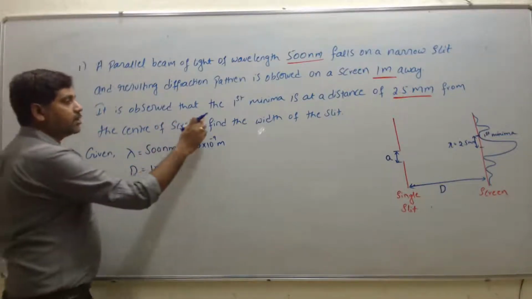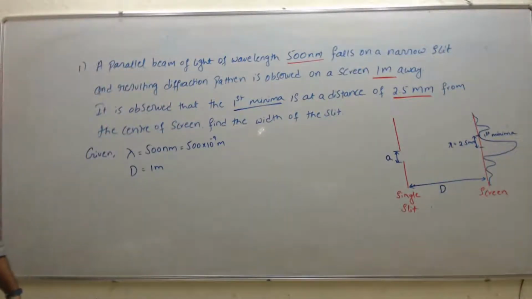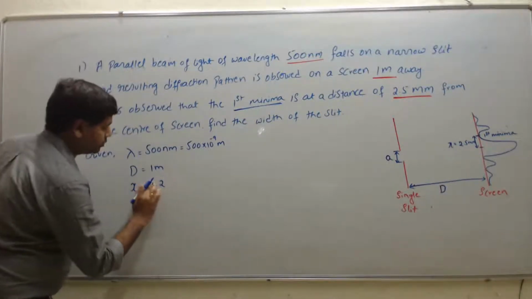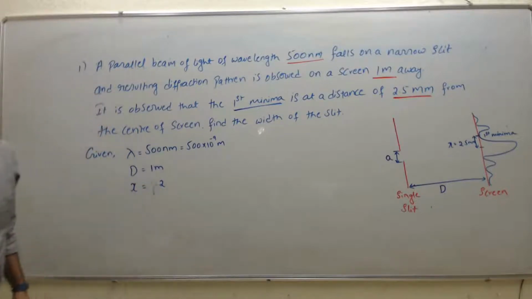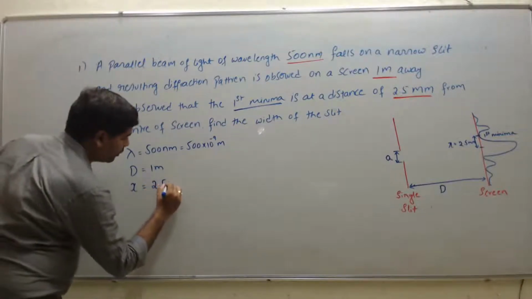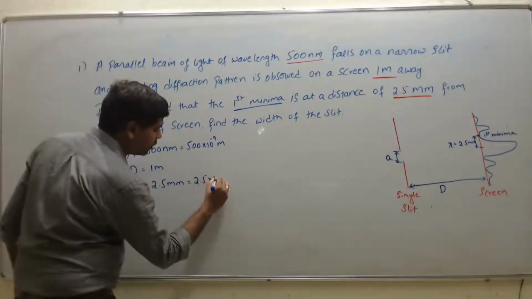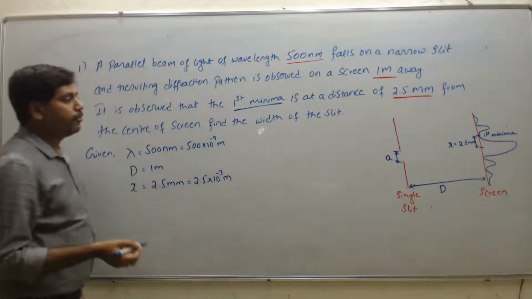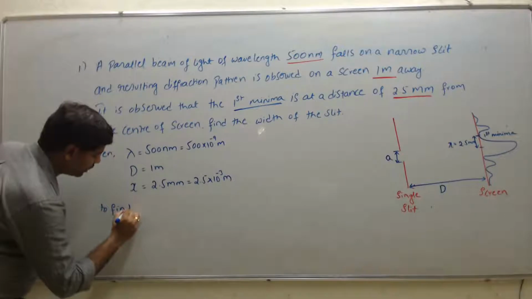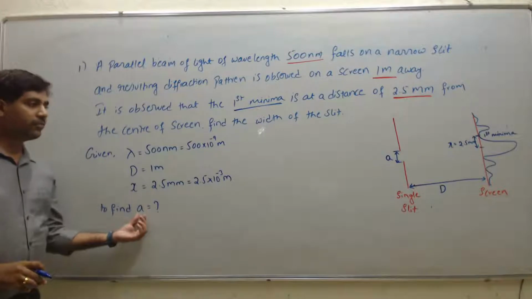Next, the first minima is at a distance of 2.5 millimeter, which we take as x. In meters, it becomes 2.5 into 10 to the power of minus 3 meters. Here we have to find the slit width a.